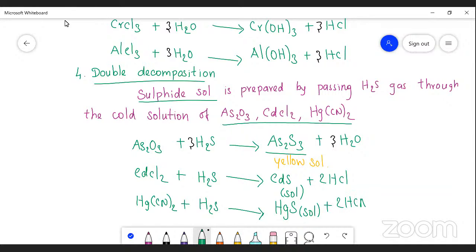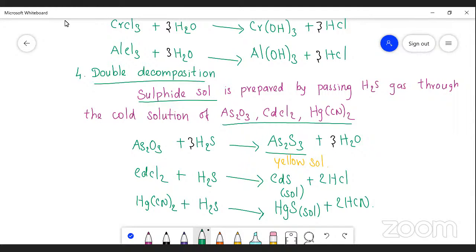These are the double decomposition method. In the double decomposition method, we prepare a sulfide salt by passing hydrogen sulfide gas through the cold solution of arsenious oxide, cadmium chloride and mercuric cyanide.